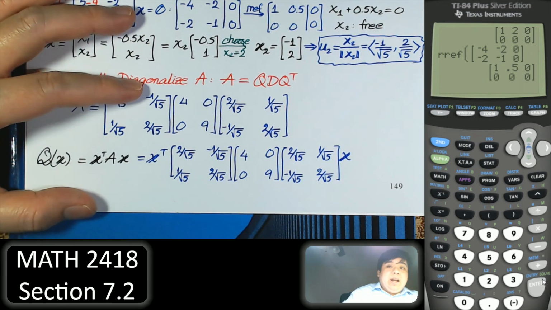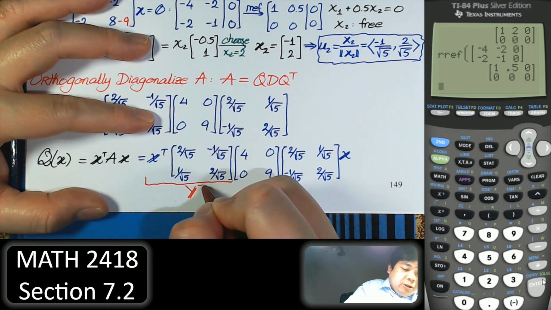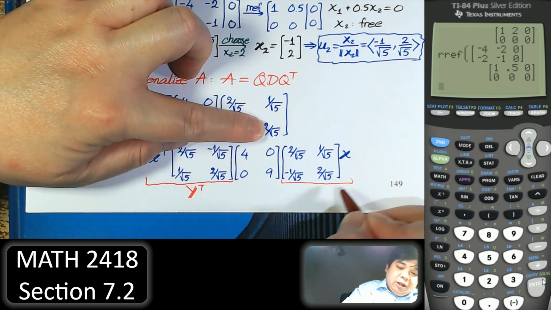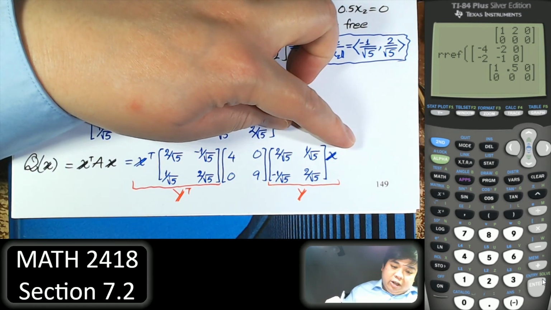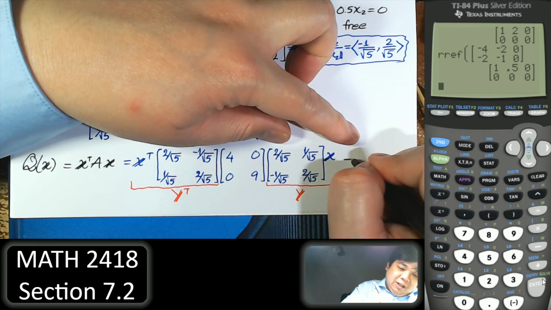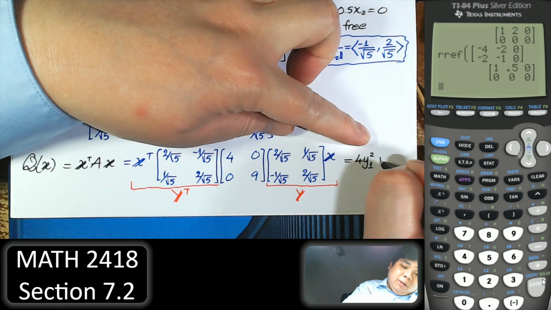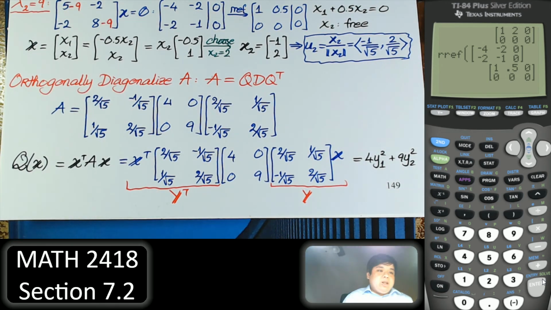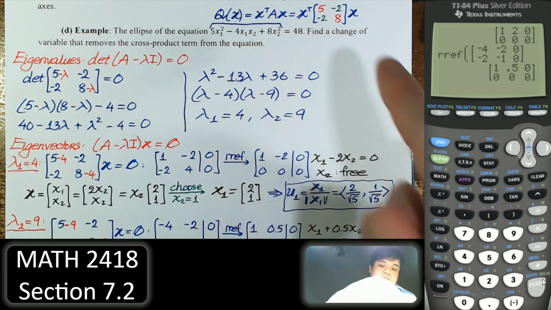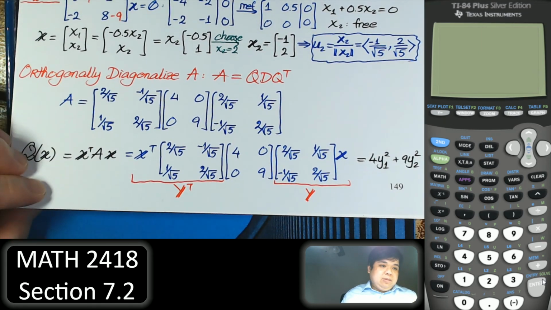And then we can let this be Y transpose, and this be Y. So this quadratic form in terms of X can be written, for this matrix, as 4y1 squared plus 9y2 squared. Of course, in that process, we eliminate the x1, x2, and now we have the equation 4y1 squared plus 9y2 squared equal to 48. Right, so we have the equation.